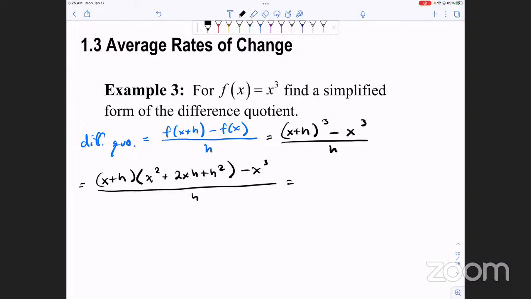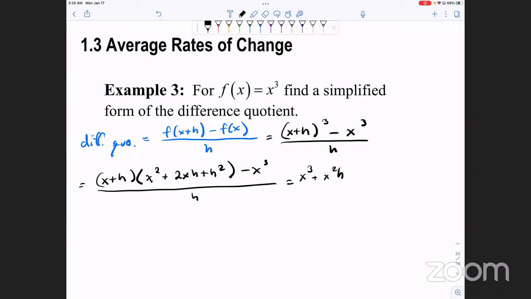Okay, let's keep going. Now, if we expand that, it's going to be what? x cubed. Let me think. Okay, so then x times x squared, I'm going to do h times x squared plus x squared h, right?